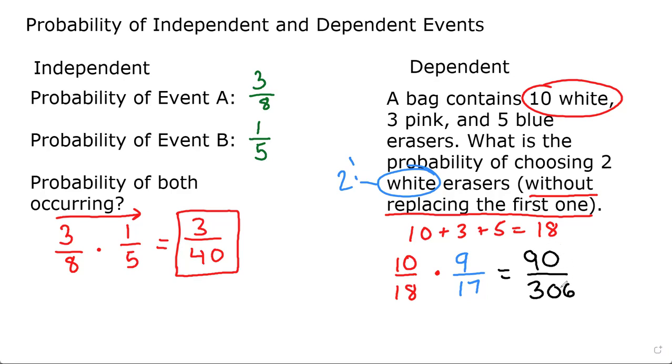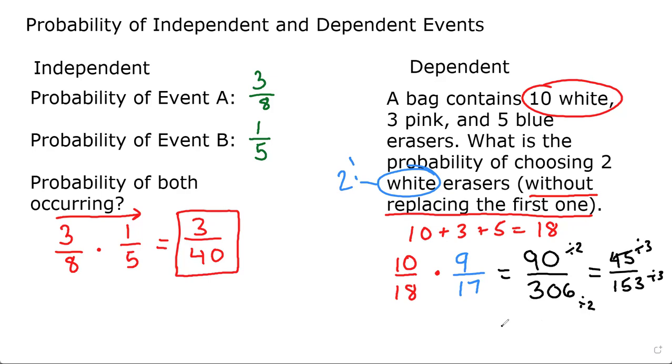And then in this case, we do have to reduce it because they both are divisible by 2. So now we've got 153 on the bottom and 45 on top. I just divided both by 2 because they're both even numbers. I actually don't know if 153 can be divided further. Oh, it can. So now I can keep going down, divide by 3, divide by 3.